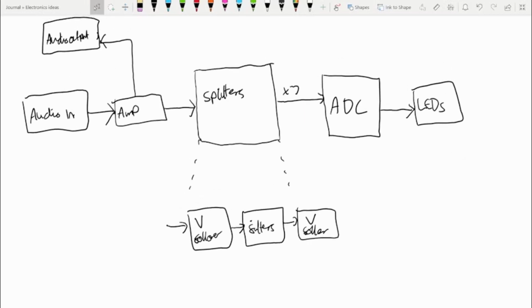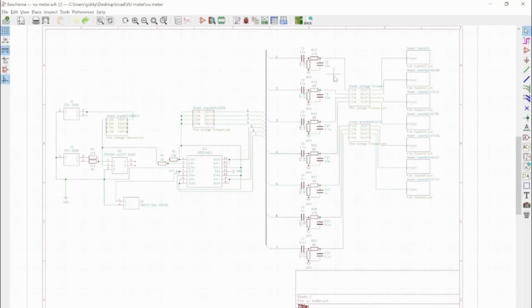So that's basically our block diagram of the whole circuit, and I'll show you the circuit diagram in KiCad. So this is our circuit diagram, and I'll just explain which blocks are which. These two, J1, J2, are our audio inputs.